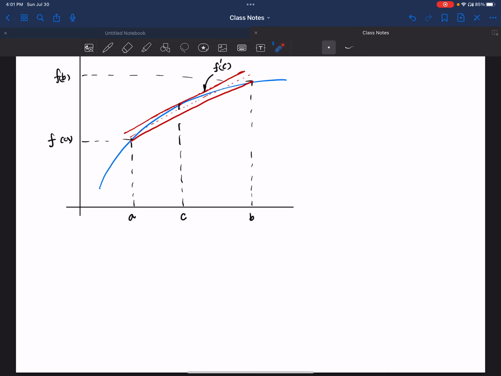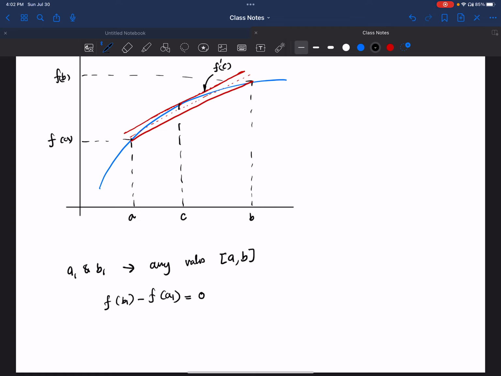What if we find that for any distinct values A1 and B1 in the closed interval A and B, f of B1 minus f of A1 is equal to 0?